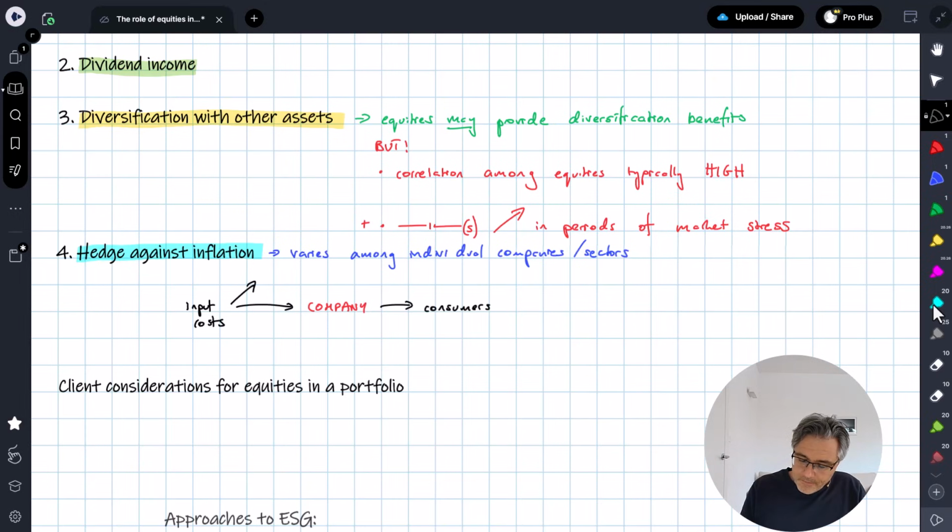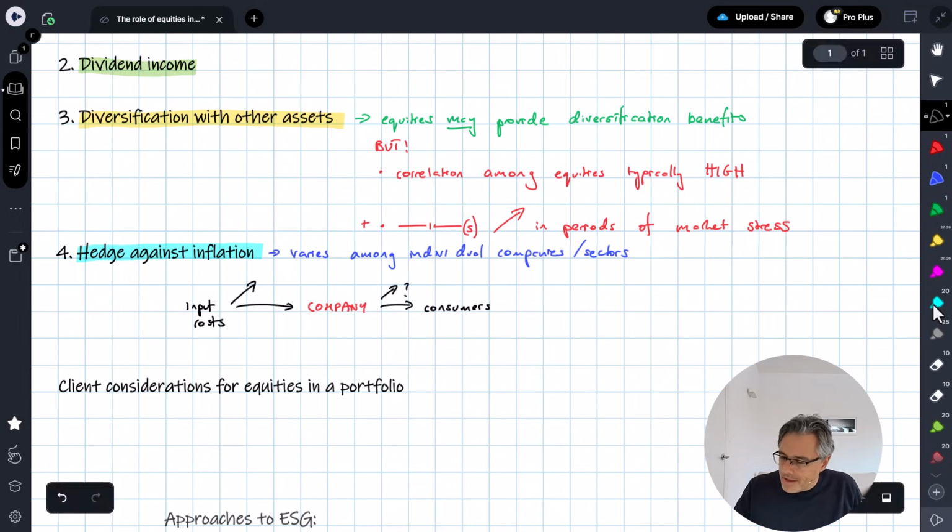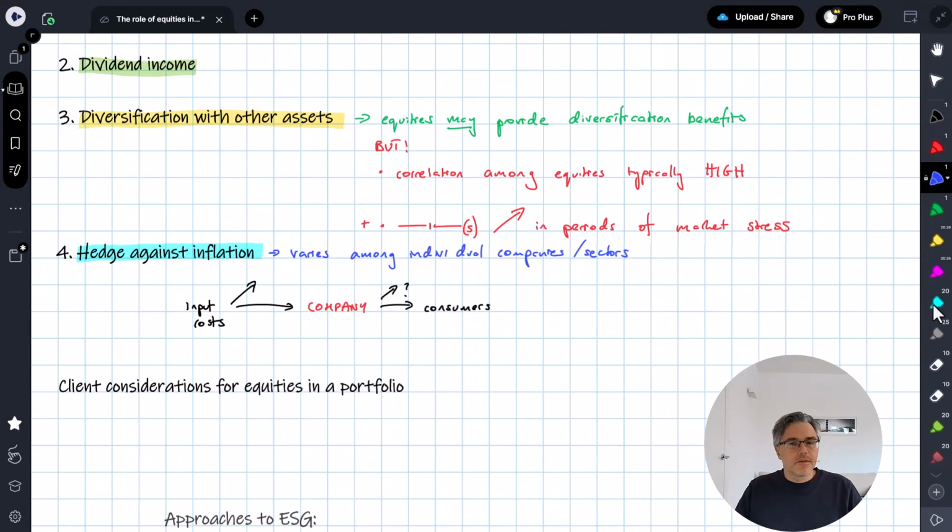And obviously, if it is able to do so, then the price of its outputs goes up as well. And yes, you've got a hedge against inflation, but that is not always going to be the case, right? There are many times when companies fail to pass those increases in input costs onto consumers for fear of losing market share, of losing business.